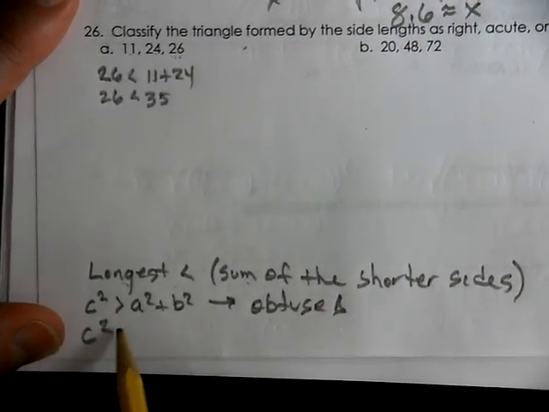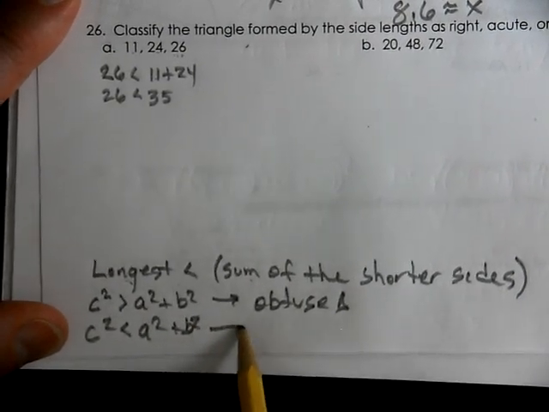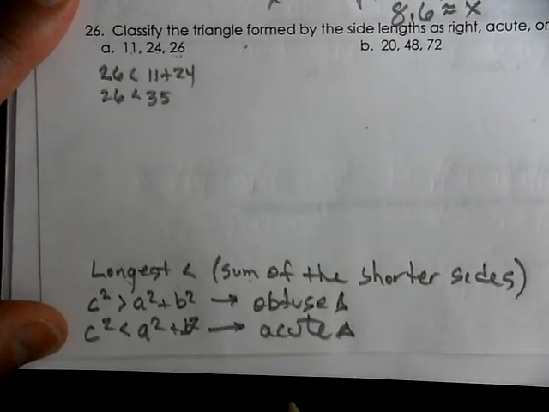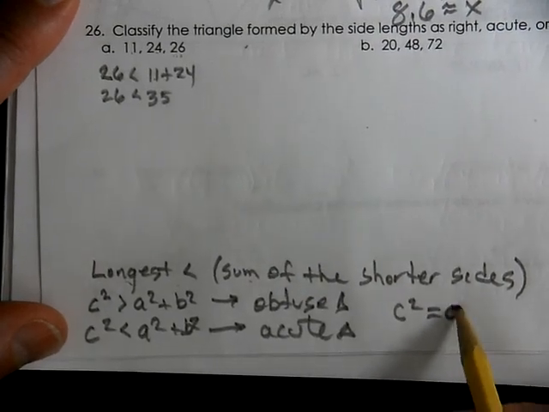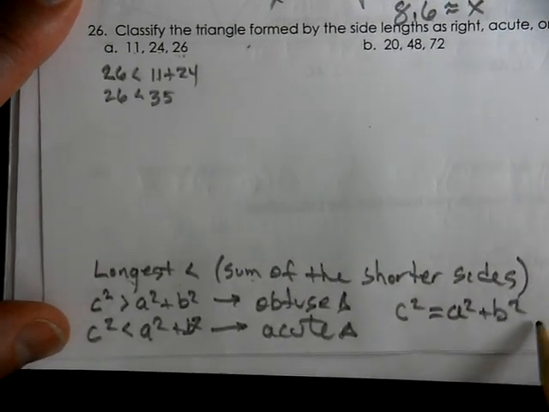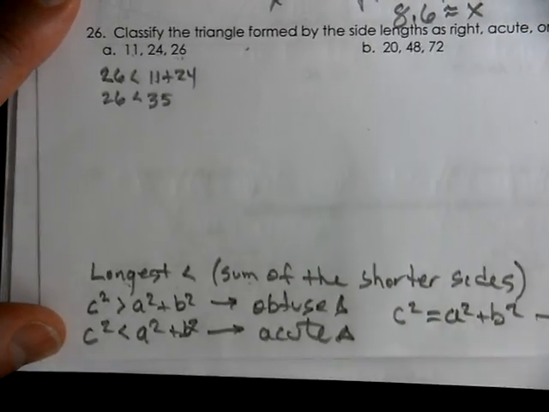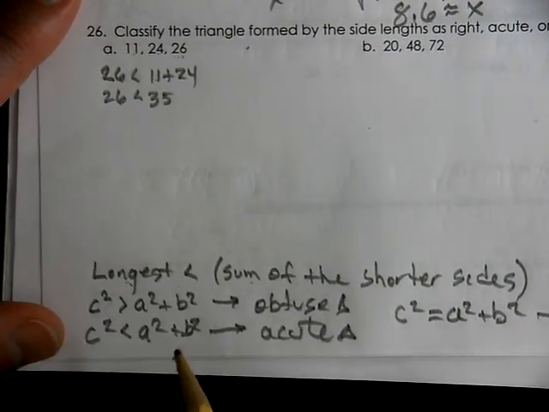If c squared is less than a squared plus b squared, we're going to have an acute triangle. And by the way, if you have c squared that equals a squared plus b squared, then of course you have a right triangle. So those are the basic notes.